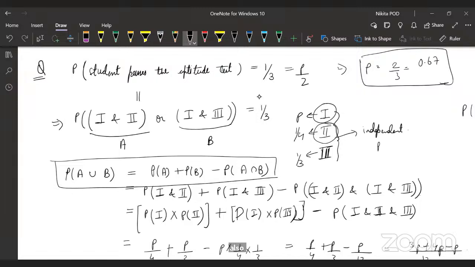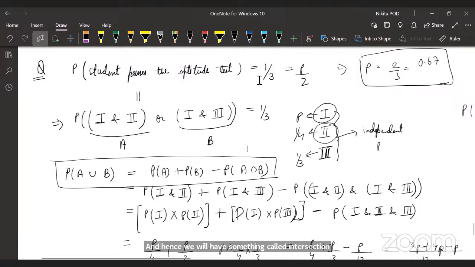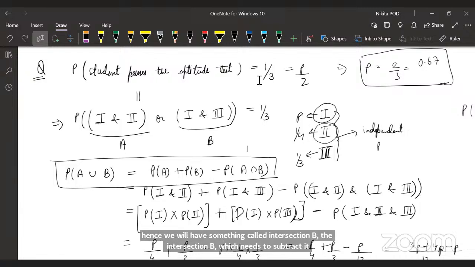Yeah, right. Whereas A and B are not disjoint because both A and B contain section 1, which is common. Correct. And hence we will have A intersection B, which needs to be subtracted. Yes. Is this making sense, Shubhi?